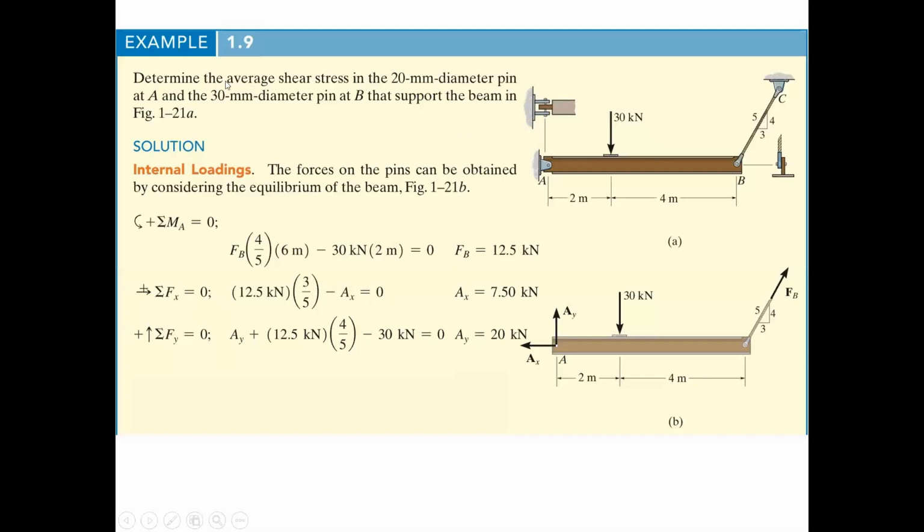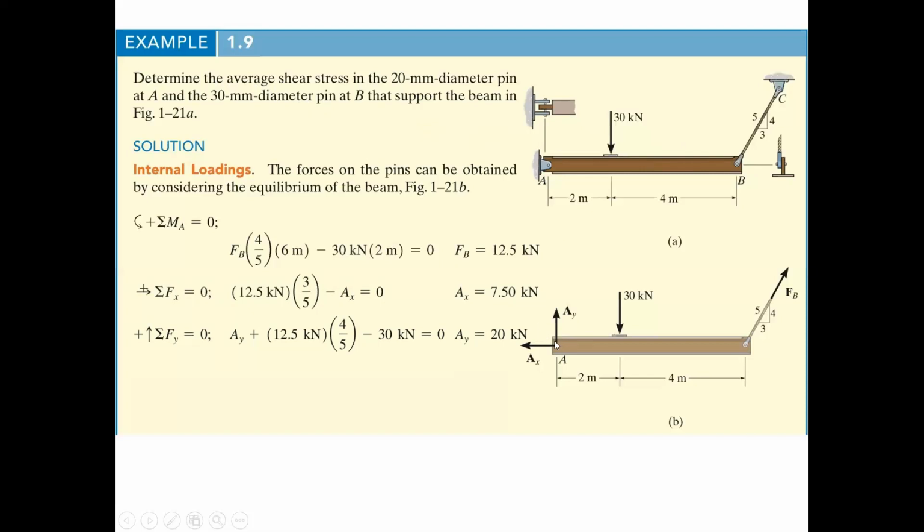Okay, so whenever you see the words average shear stress, that's just what we've been talking about all along. These are assumed to be a constant shear stress over the shear areas, and so that's what they mean by average. Okay, it's nothing fancier than that.